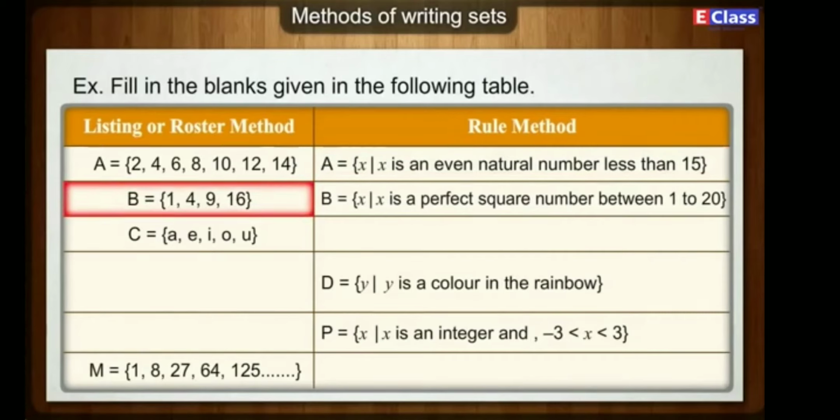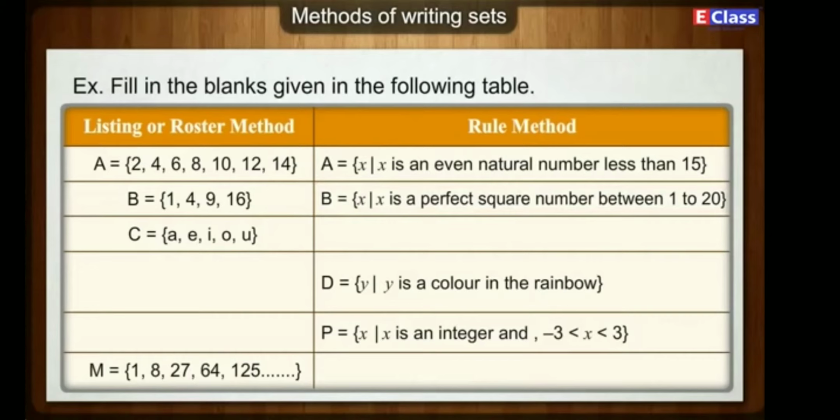B = {1, 4, 9, 16}. Rule method. B is a set of x where x is a perfect square number between 1 to 20.